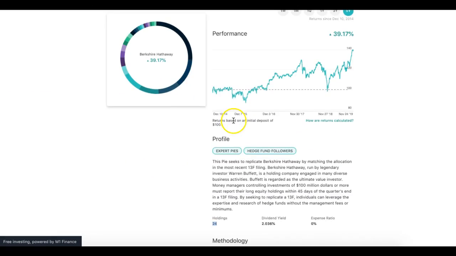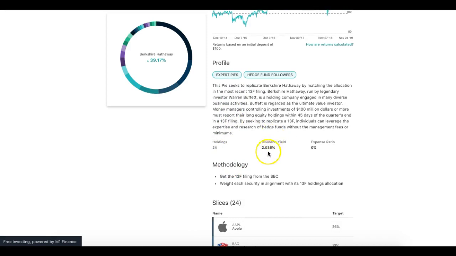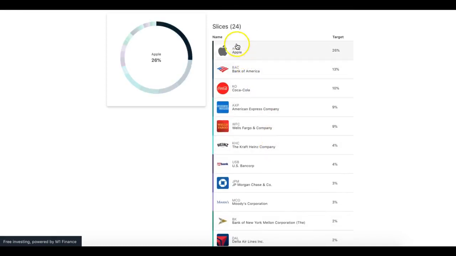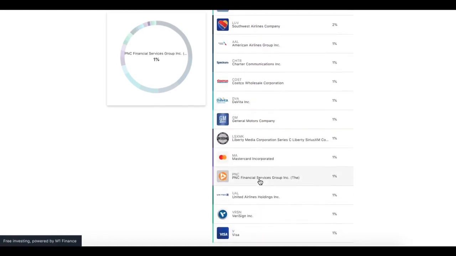Berkshire Hathaway is Warren Buffett's company. He's currently holding 24 companies. They yield this much. I don't think Warren worries too much about dividends. He does worry about dividends, but not much. And as you can see, these are all the companies in this portfolio.